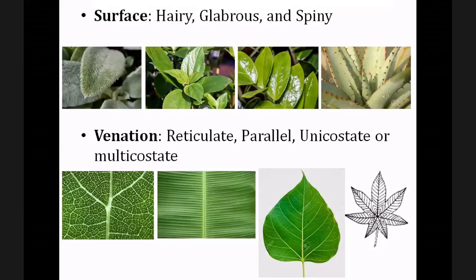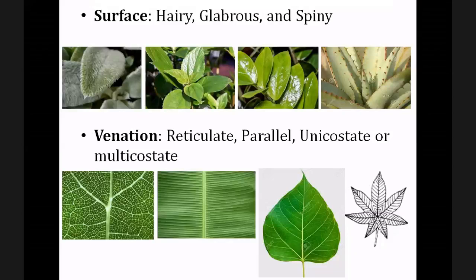The second one is parallel venation. Parallel venation means the veins are parallel to each other throughout the leaf. The third one is unicostate. Unicostate leaves have only one primary or prominent midrib.